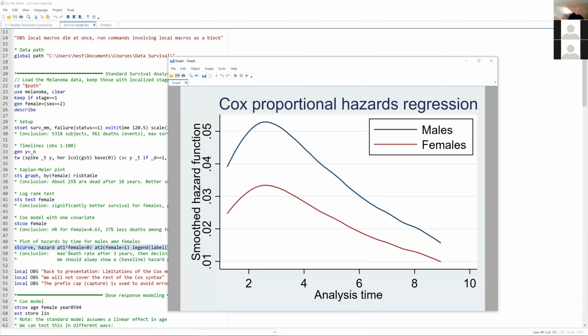And from this, we see that hazards start out at medium-high levels at the beginning of follow-up. Then they increase to about 3 years or so, and then they start declining, but they don't go all the way to 0. And these, I point out again, are not Kaplan-Meier hazards, but predictions from the model.